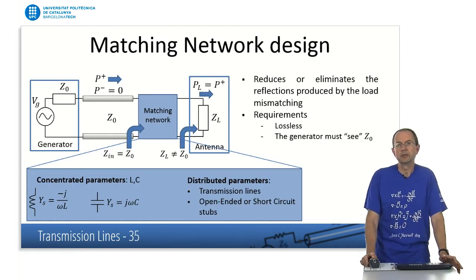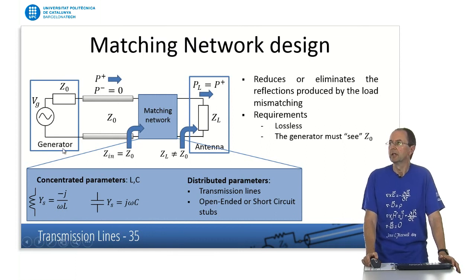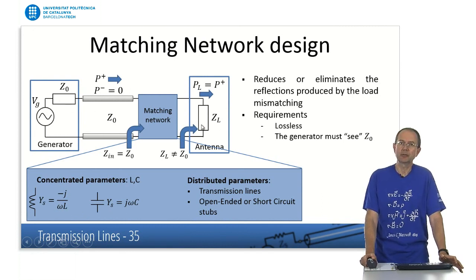Now, the typical situation we are going to face is that the impedance of the generator in general will not be exactly the same as the load impedance. This happens, for example, very often with antennas. In wireless communications, the antenna does not have exactly the same impedance as the generator.